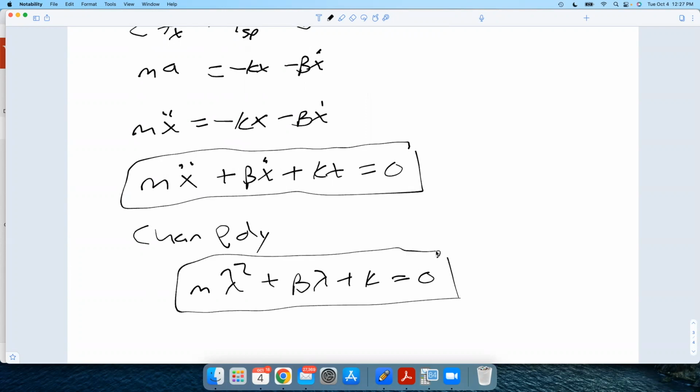Now, this can have more than one kind of solution, right? It's a quadratic. Quadratics can have two real solutions, one repeated solution, or two complex imaginary solutions.